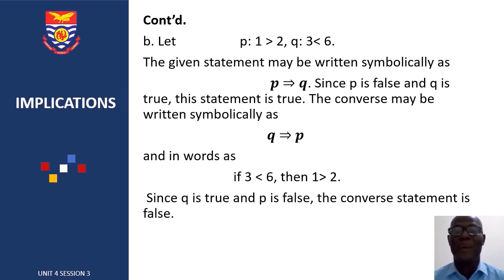We want to find if this statement is true or false. 3 is less than 6, meaning the statement is true. But 1 is not greater than 2, meaning the statement is false. For implication, if the first statement is true and the second statement is false, then we conclude that the combined statement is false. Hence, the statement is false.